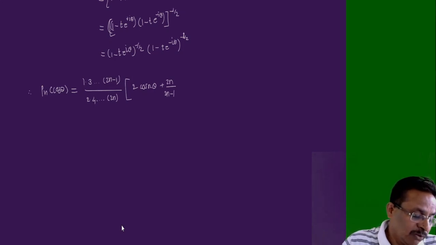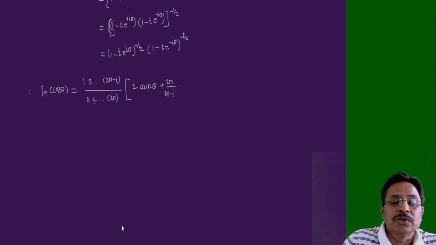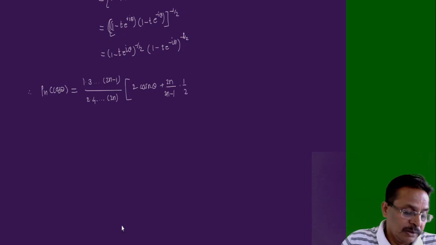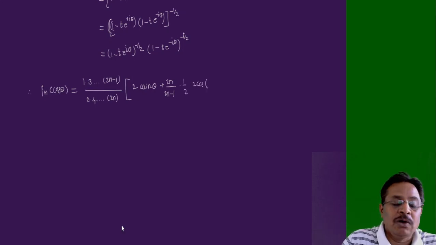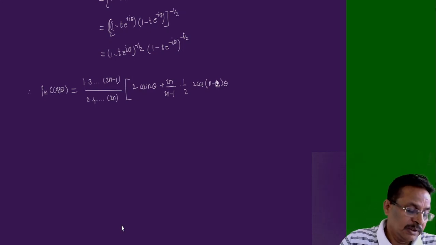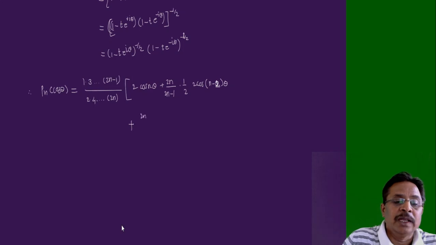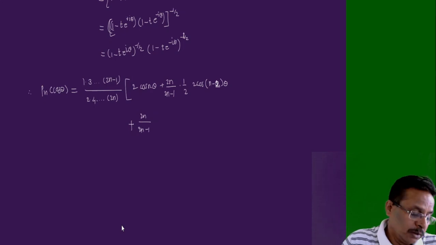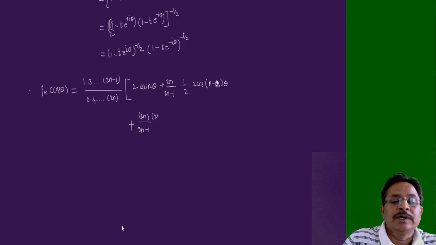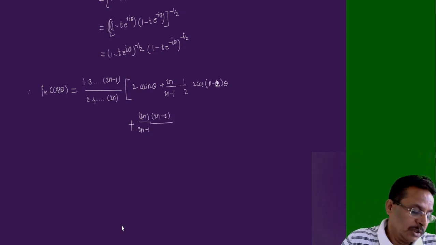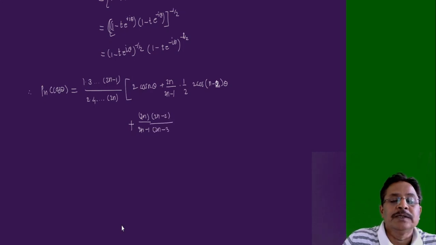All these in-between steps I have not done, so you need not worry about this. 1/2, then 2 into cosine of (n minus 2) theta, that is my first term, plus here also 2n divided by (2n minus 1), and the product of this 2n, then (2n minus 2) divided by (2n minus 3).